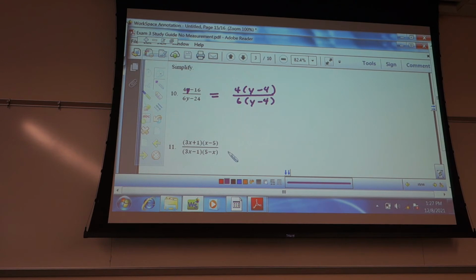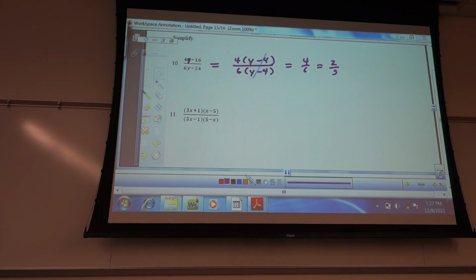Okay, good. Is there anything that these folks have in common that I can cancel out? Ryan, what can I cancel out? Y minus 4 over y minus 4, that goes away. So I'm left with 4 over 6. Am I done? No. Reduce. Eric, what'd you say? Reduce to 2/3. Yep. Divide both top and bottom by 2, I get 2/3. Good.